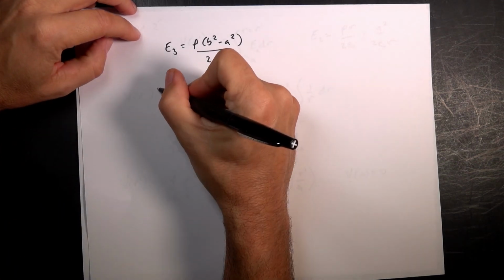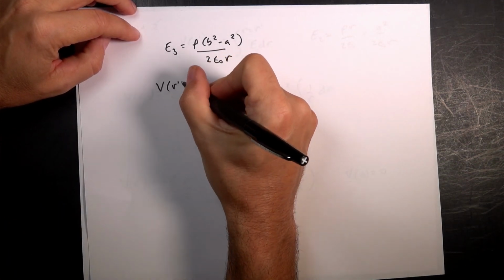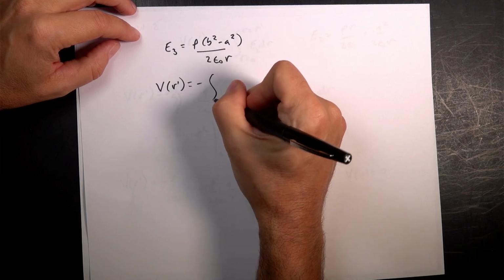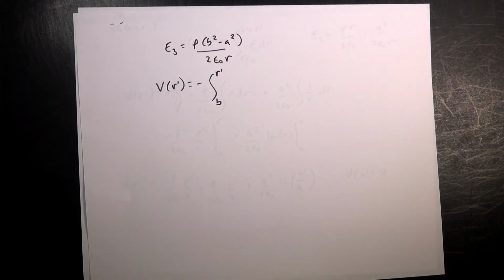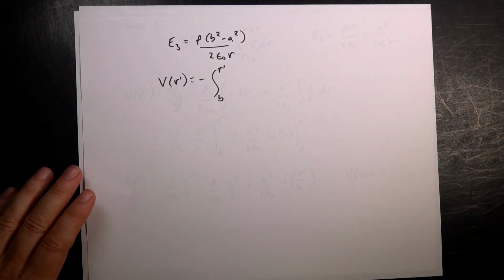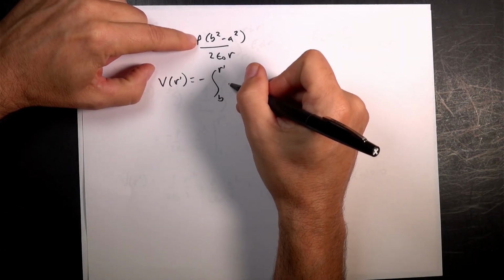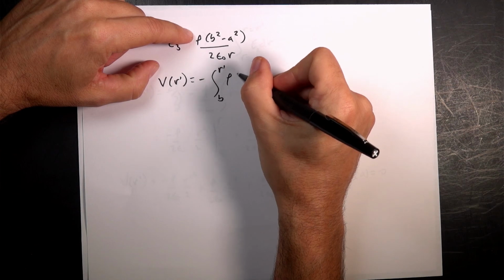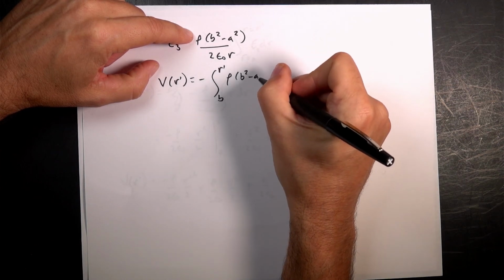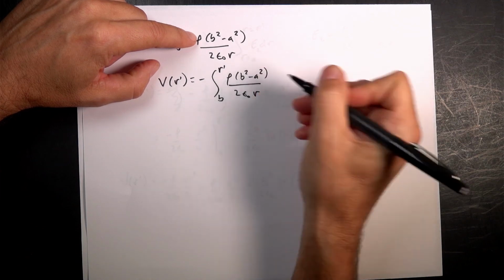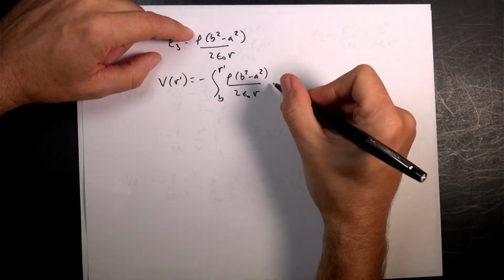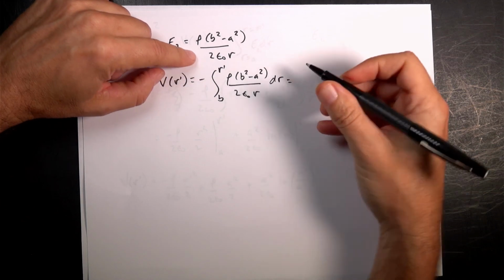So I'm going to integrate. V of r prime is going to be the negative of the integral from b to r prime, right? Because I'm only in the region where r is greater than b. And I have this, I should have brought that out front, but that's okay. B squared minus a squared. I'm not going to separate those terms because it's just a constant, so it doesn't really matter in the integration. So now let's pull all that stuff out front.